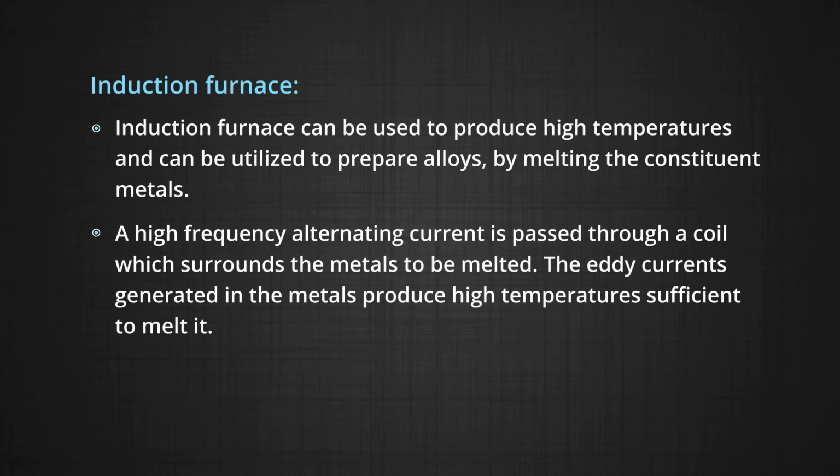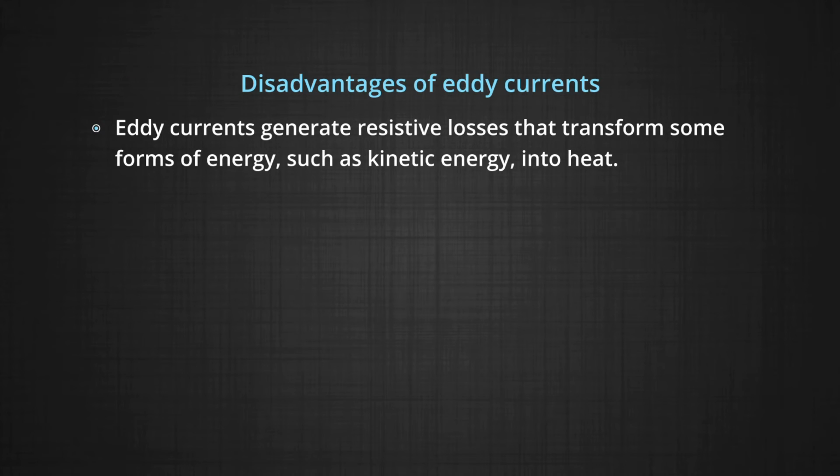A high-frequency alternating current is passed through a coil which surrounds the metal to be melted. The eddy currents generated in the metals produce high temperature sufficient to melt it. Eddy currents generate resistive losses that transform some form of energy, such as kinetic energy, into heat.